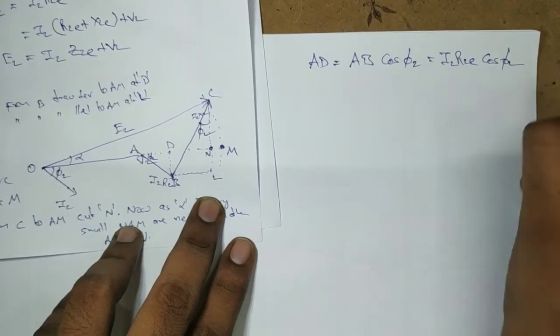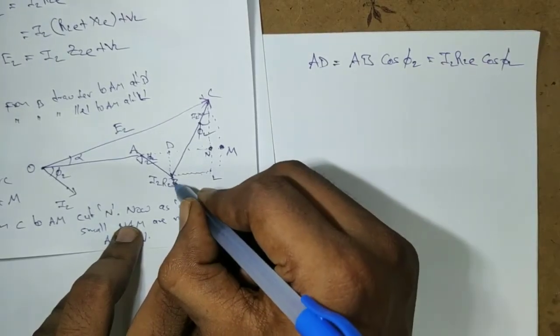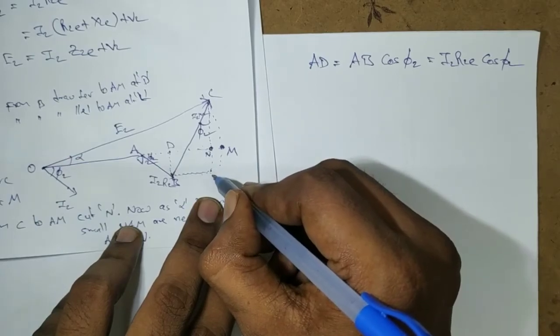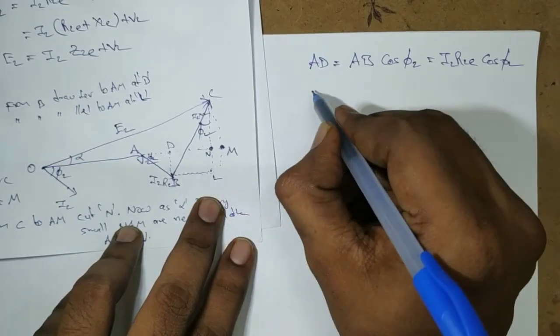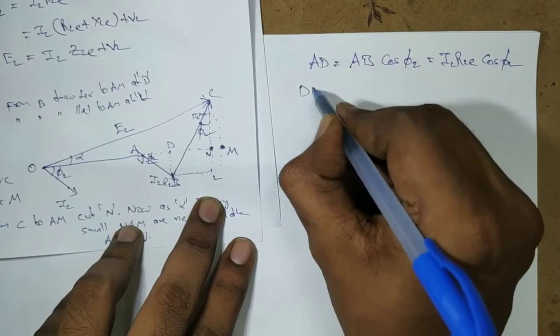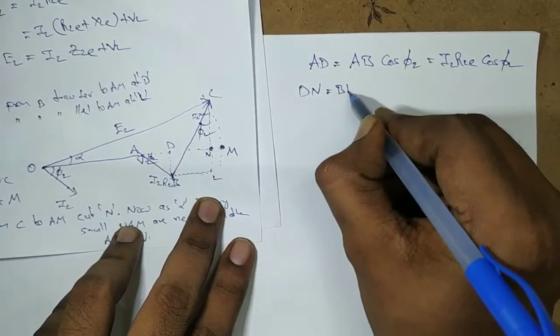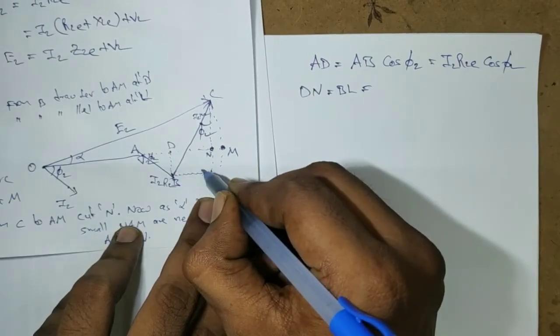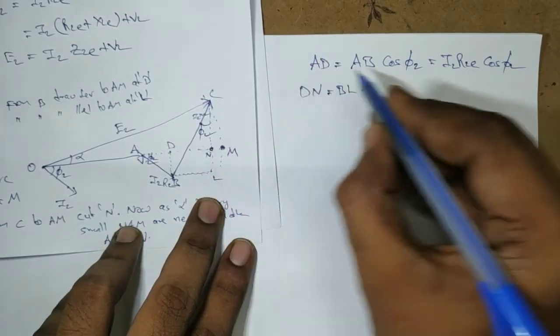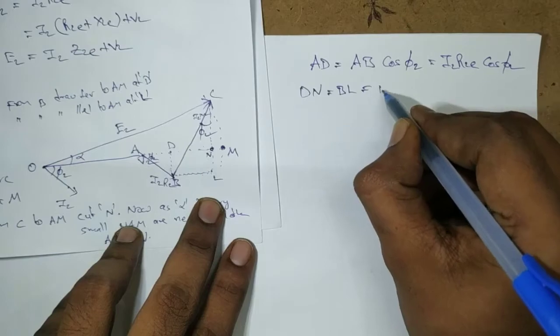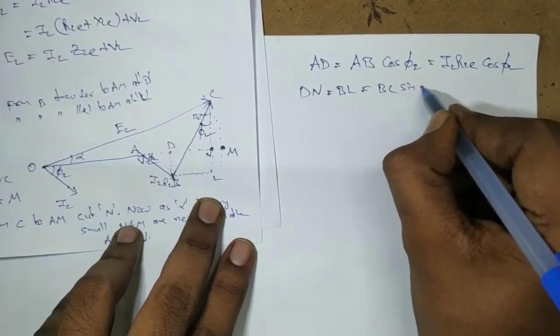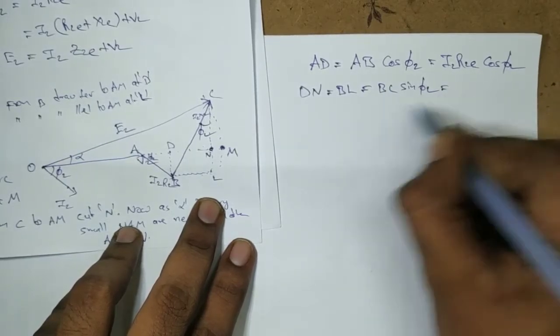Similarly, in the second triangle, consider the side DN. The DN value is nothing but BL only, because those two are parallel. So DN is nothing but BL, in which BL is BC into sin phi 2, and BC value is nothing but I2 X2E.